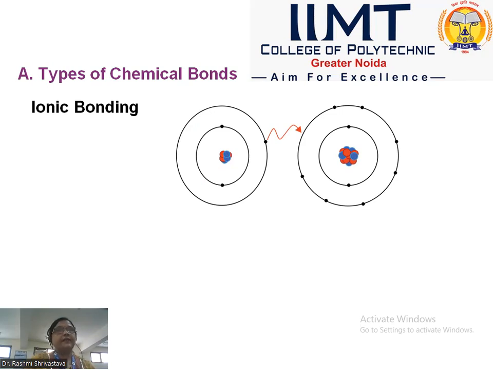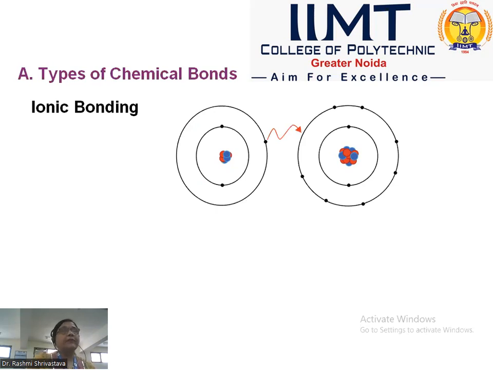The other atom, which is generally of the halogen group, lacks one or two electrons. This type of atom gains one or two electrons from the outermost orbit of the metal atom, and it is known as the acceptor atom.